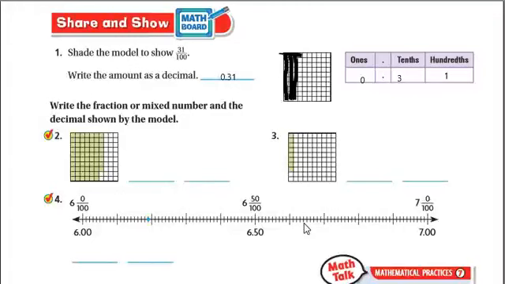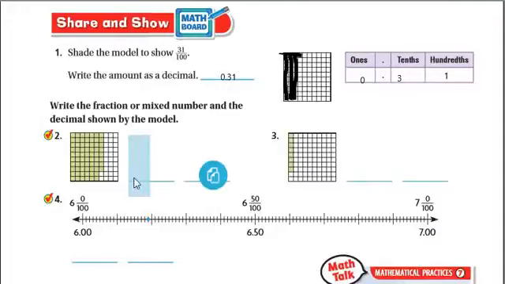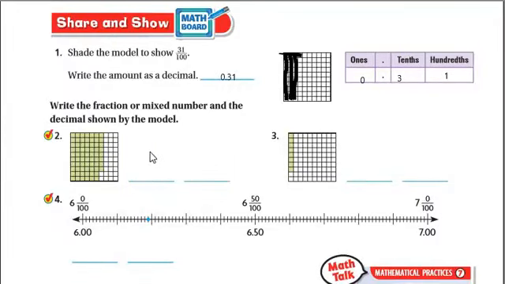Okay, grade 4. Number 2. Okay, here we have the model already. So we want to write the fractional form and the decimal form. It's too easy. This is 100 pieces, 100 parts. So our denominator is 100. This is my denominator, 100.